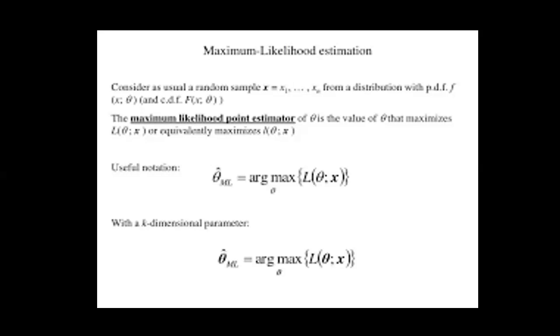We will also see the determinant of the dispersion matrix, which is also called the generalized variance. Thus, the maximum likelihood estimators minimize the generalized variance in large samples.